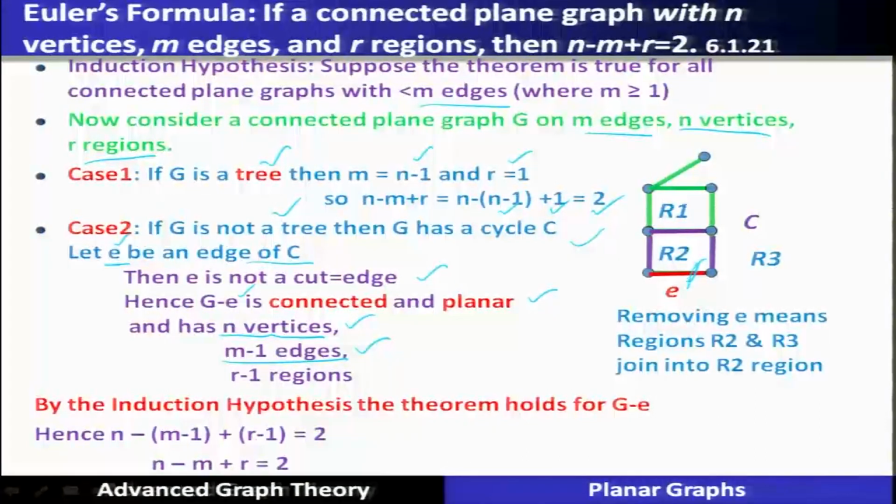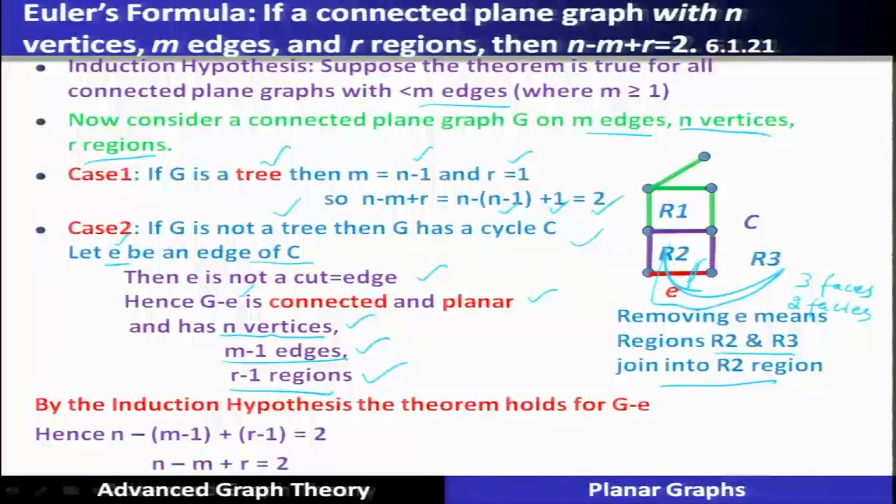If this edge is removed, then R2 and R3 will be in the same region. Hence, the number of regions will be reduced by 1. Before removing the edge, this graph has 3 regions, and after removing this edge, it will have 2 regions.